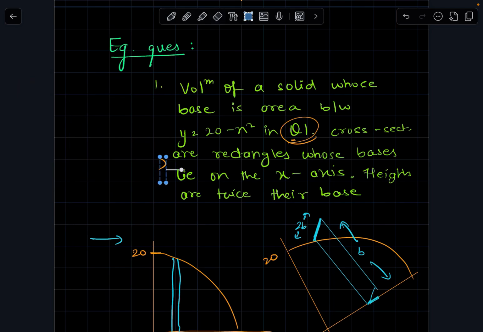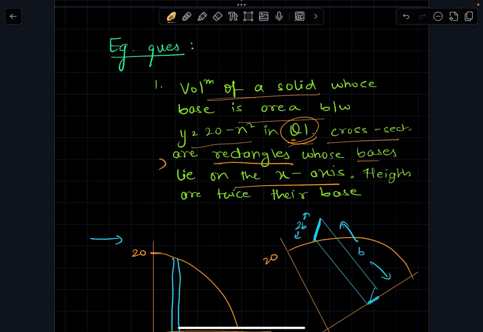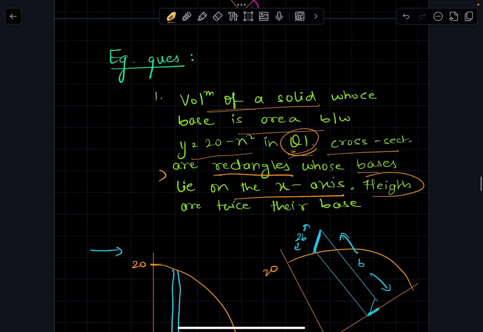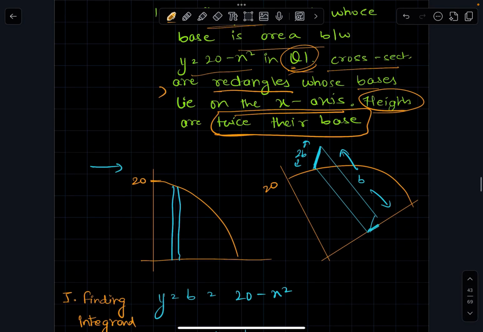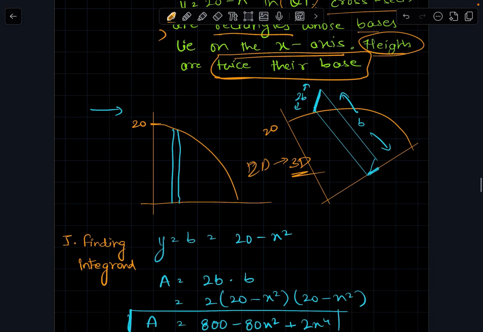Now we need to find the volume of a solid whose base is the area between this quadrant one and the x-axis, of course. And we need to find the cross section using rectangles whose bases lie on the x-axis and whose heights are twice their bases. So this is how the graph will look in 2D, and this is how it will look in 3D. I recommend you directly draw the graph in 3D, since that would be way more helpful.